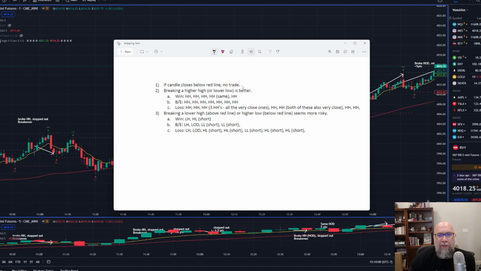Basically, one rule for sure: if the candle closes fully below the red line, there's no trade. So that is fine. And this is my hypothesis from when I wrote the sentence at 2 and 3: it seems to me that breaking a higher high on the way up or a lower low on the way down would be better. And then breaking a lower high, right? So you come up and you break a lower high.